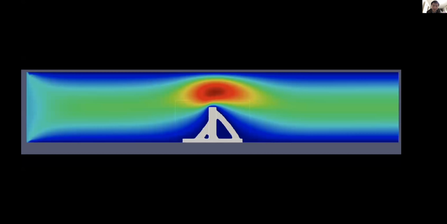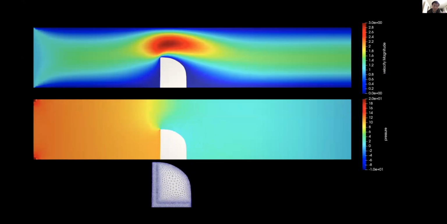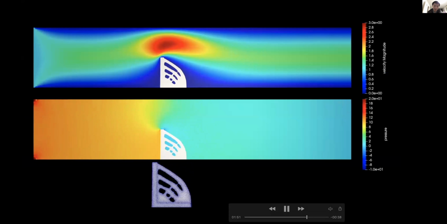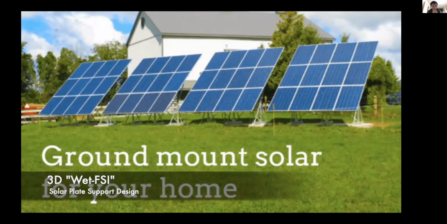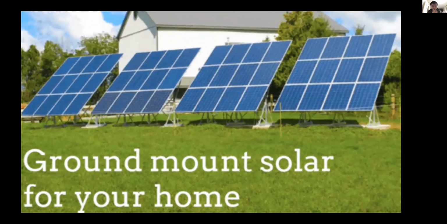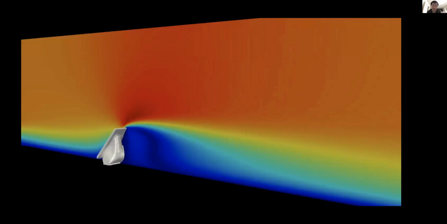I will explain the details later. And we can see the mesh evolution iterative history here using the body-fitted adaptive mesh technique. And this case is an extension to 3D for designing a solar panel support.